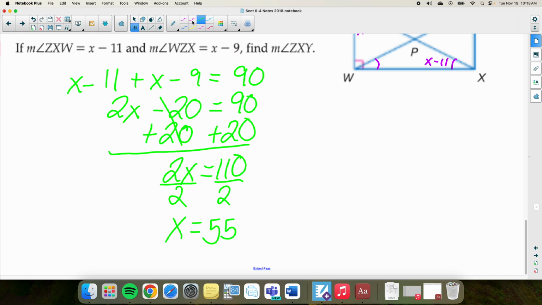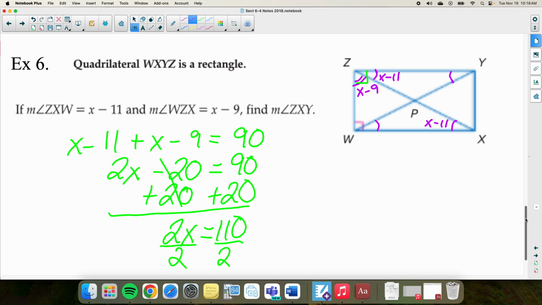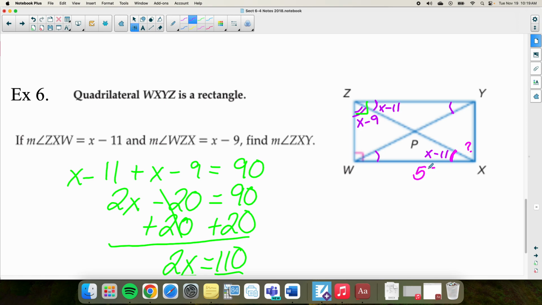Now, what we're going to do next, they want us to find ZXY. ZXY is right here, so this is the angle I want to find. Could I find this angle right here if I know that my x is 55? 55 minus 11 is 44, so this angle is 44.